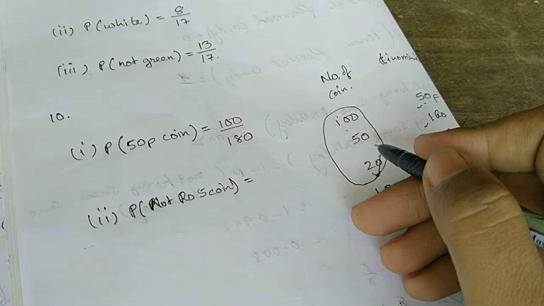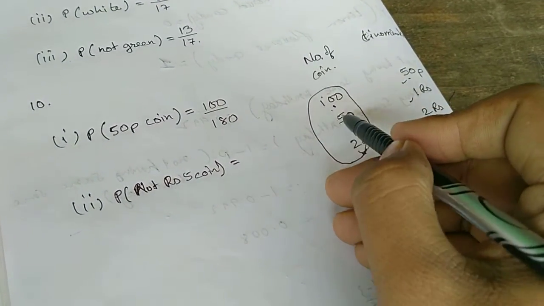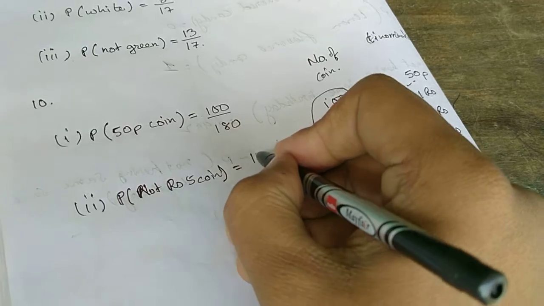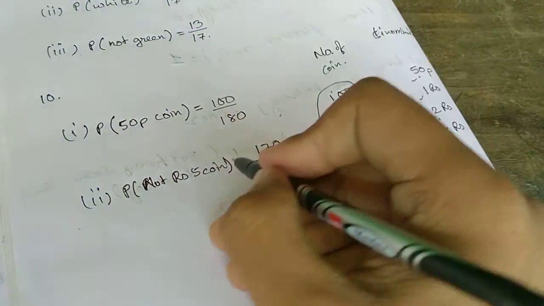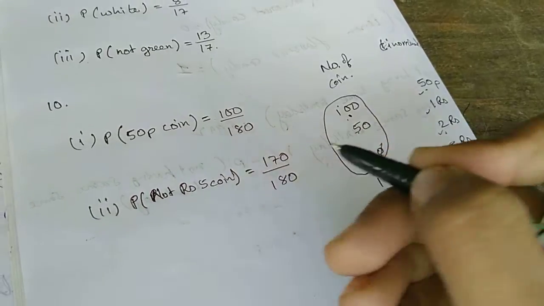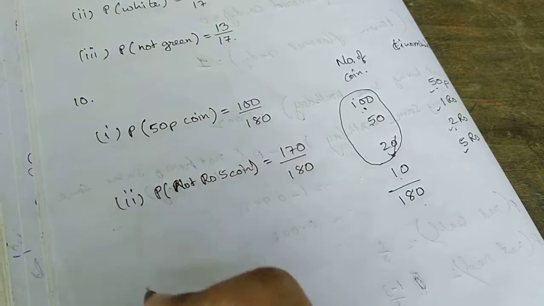Just 1 minute. So that means how many? 100, 50 and 20, so 170 are not 5 rupees coins. Out of how much? Total again 180 coins. So this is your answer. Question number 10.